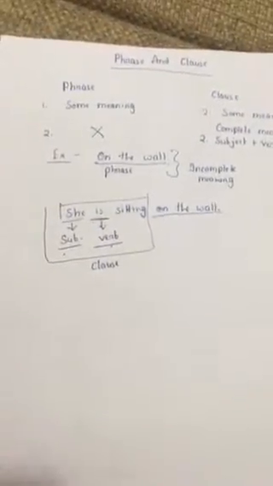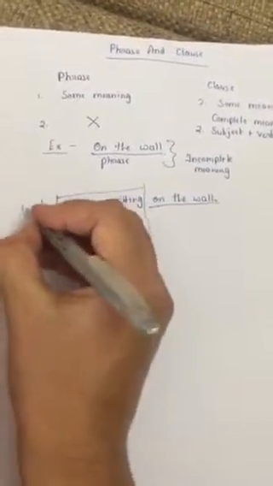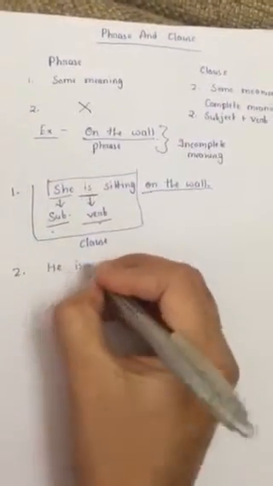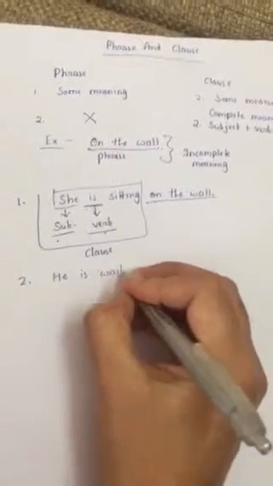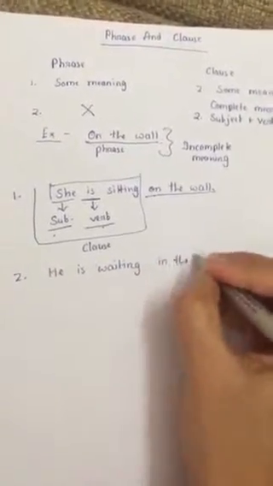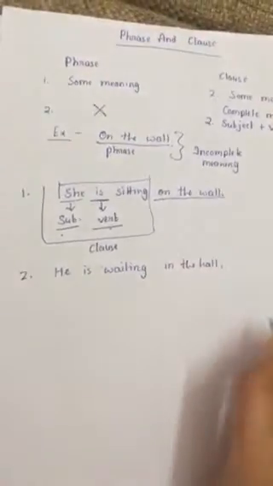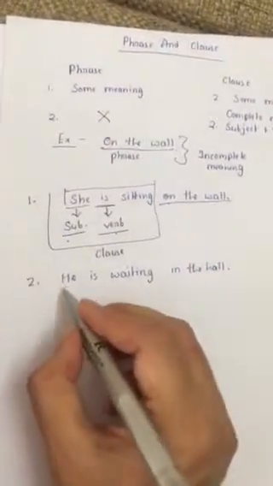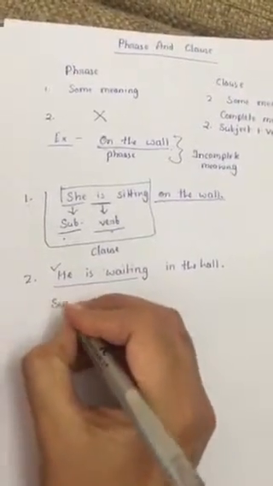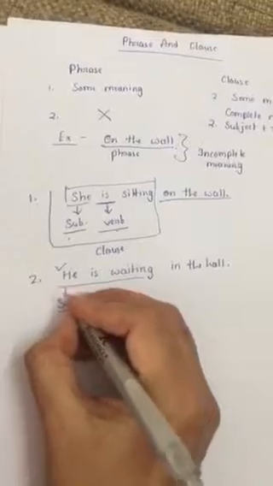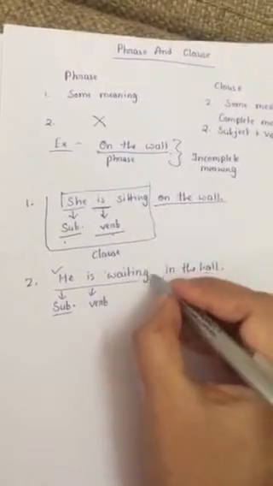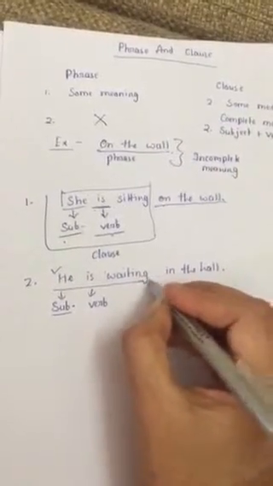Let's take one more example. "He is waiting in the hall." Now you see, in this sentence, "he" is the subject, "is waiting" is the verb. So this is a clause, "he is waiting."